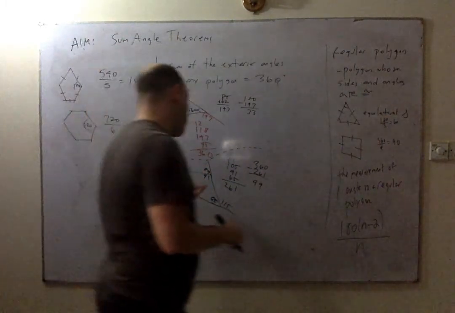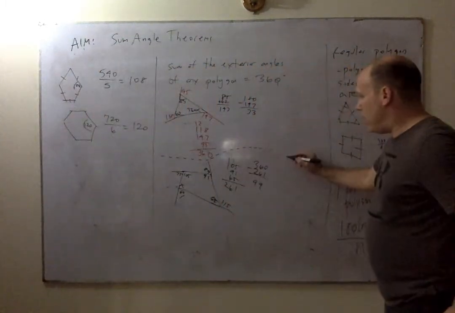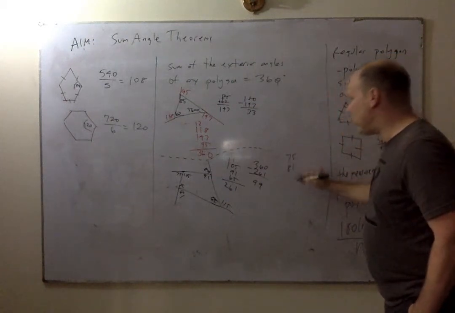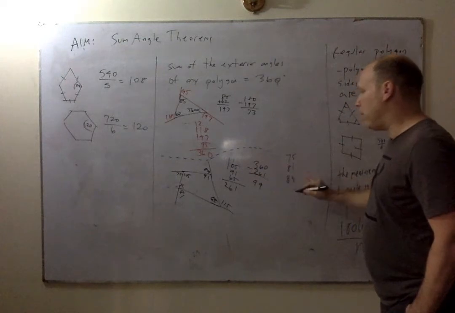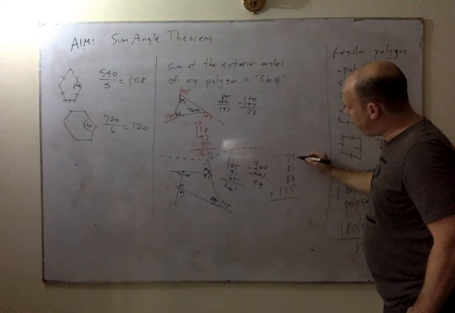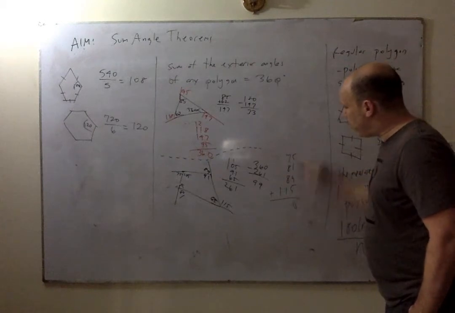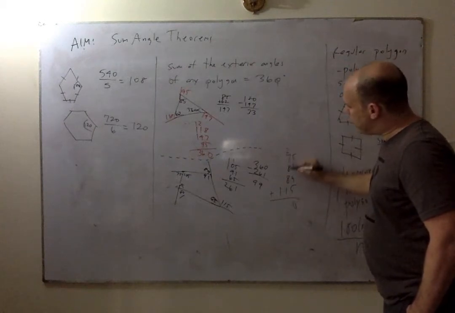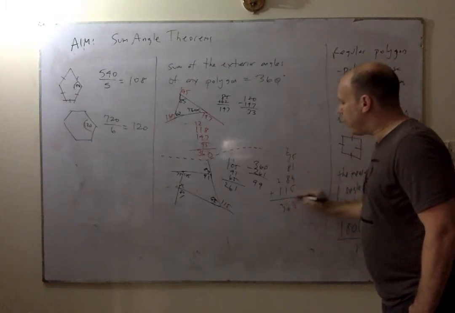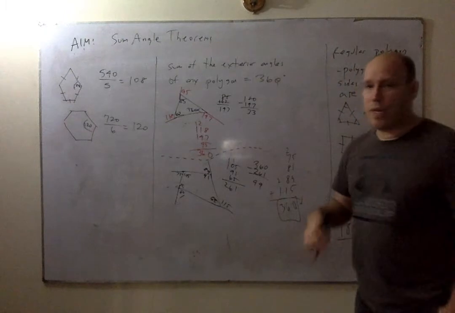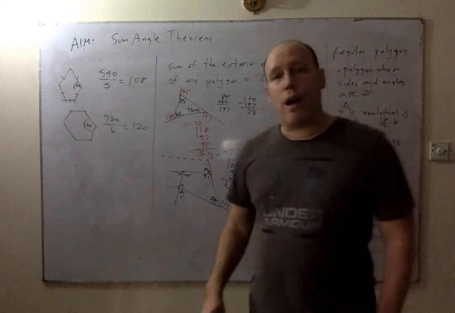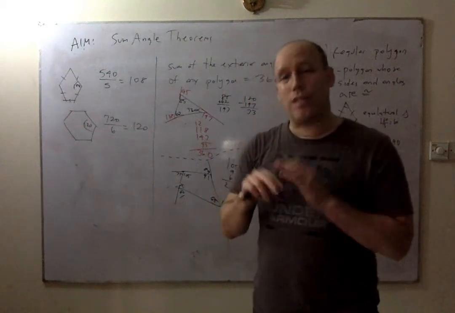Well, what are these sums? 75, 81, 89, 115. Let's add these up: 360. Nice. The sum of the exterior angles of any polygon is 360.